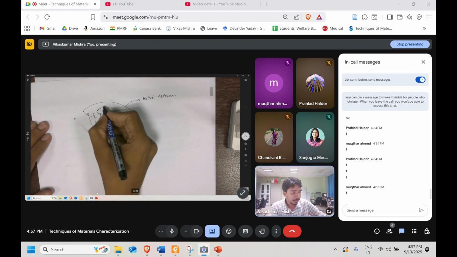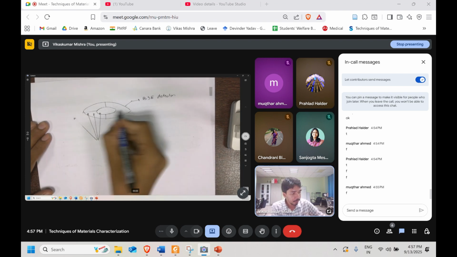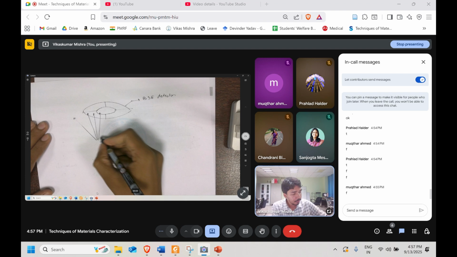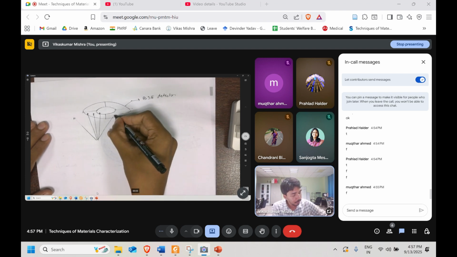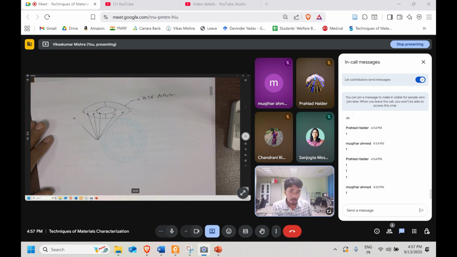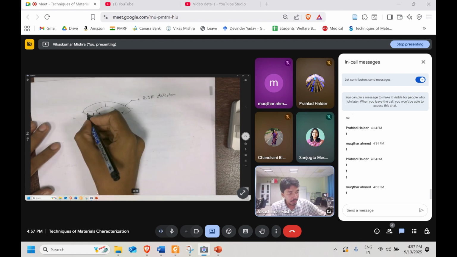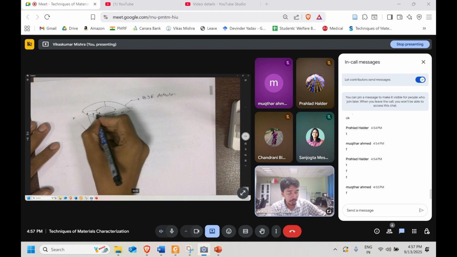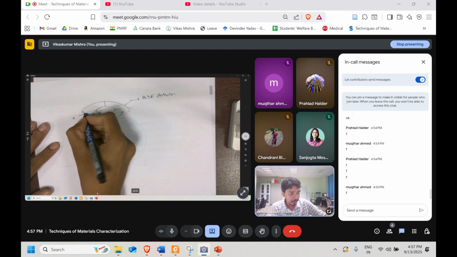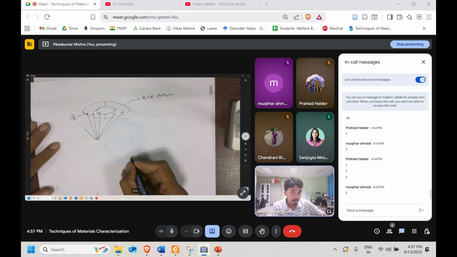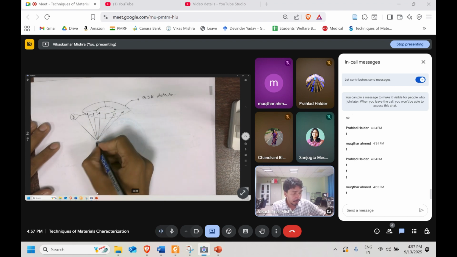This is our basic detector. Now, from a particular location, a few electrons are coming to detector number 3. So that particular region will be brighter.